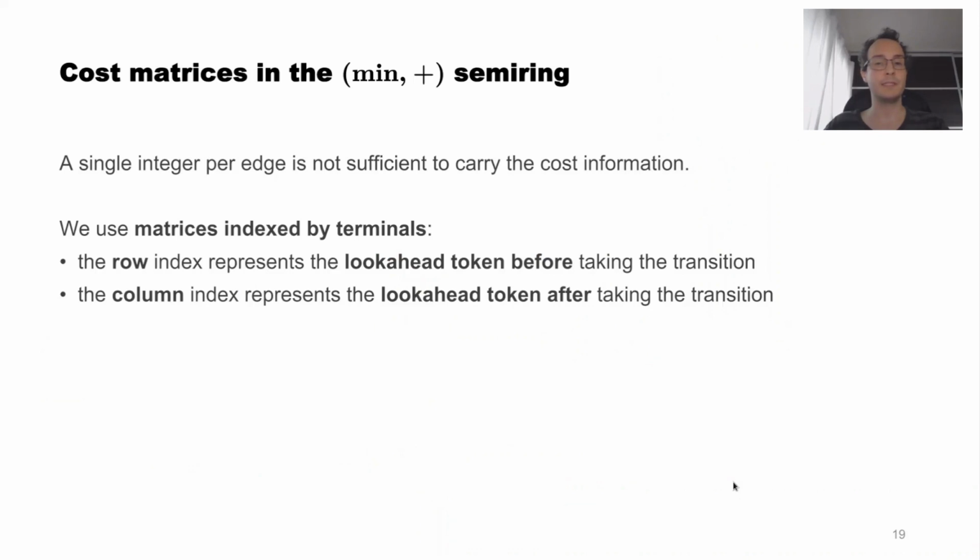So we will revisit our notion of cost. A single integer is not sufficient because we need to keep track of lookahead tokens. We propose to use matrices indexed by terminals. The row index represents the lookahead token before taking the transition, and the column index represents the lookahead token after taking the transition.